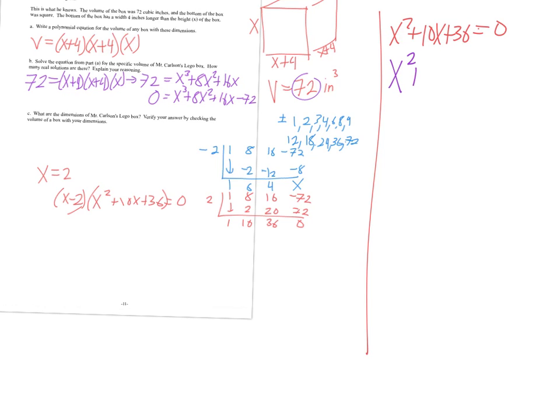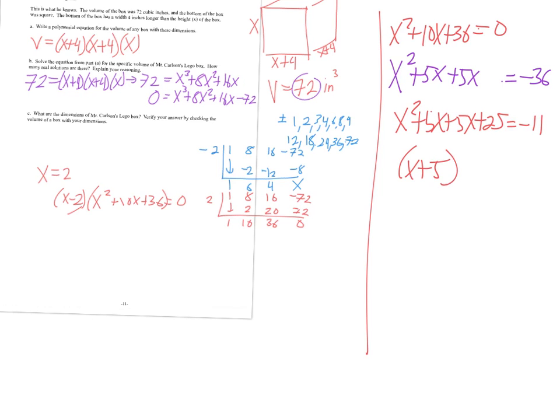So we've got x squared plus 5x plus 5x is equal to negative 36. And that means I'm going to add 25 to both sides. x squared plus 5x plus 5x plus 25 is equal to negative 11. Means that x plus 5 squared is equal to negative 11.